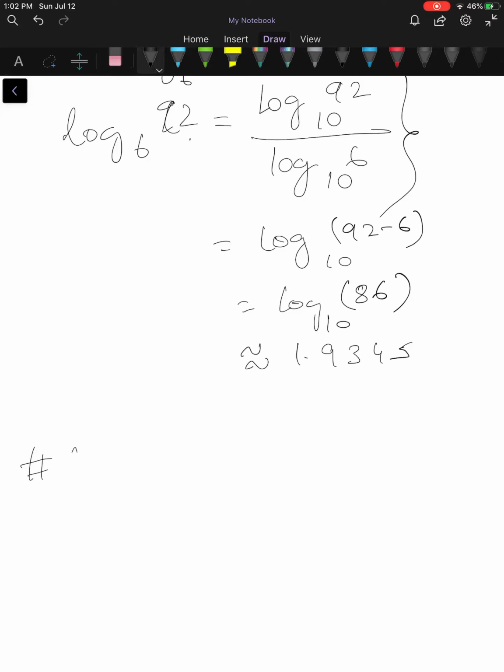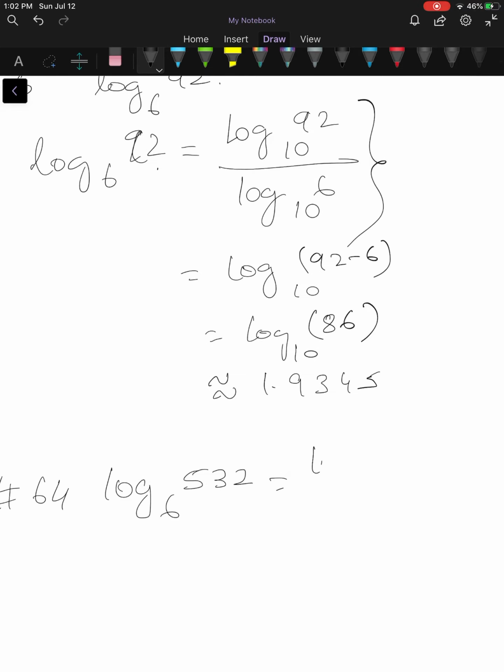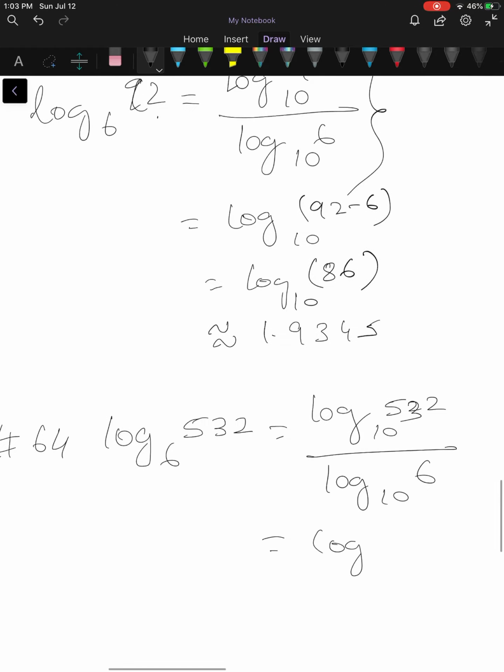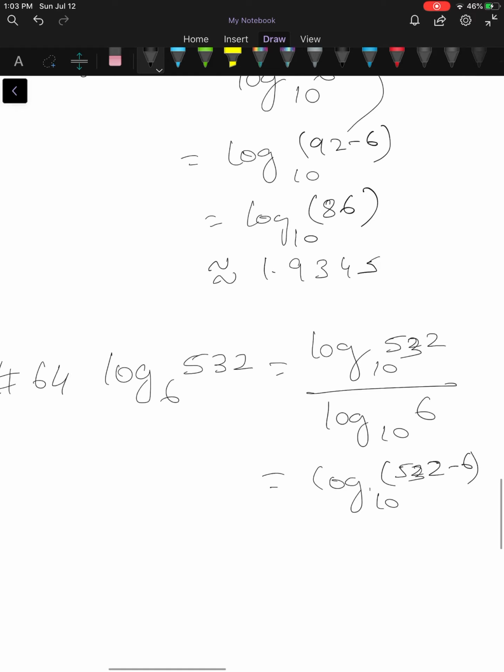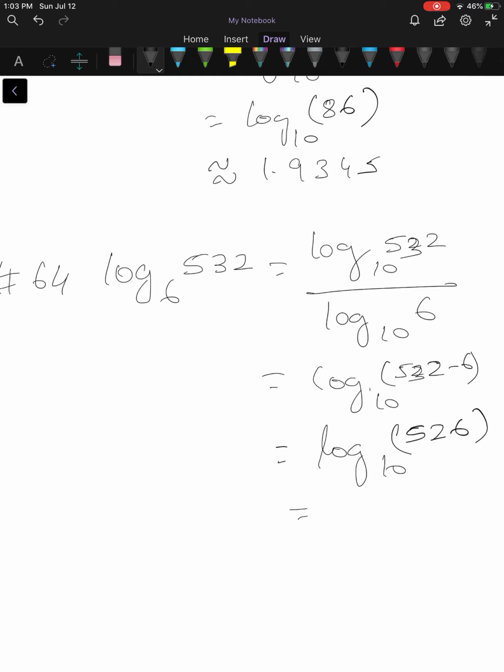Let me do another problem for you, say problem number 64, which says you have to evaluate log 532 to base 6 again. That would be log 532 to base 10 divided by log 6 to base 10. So this would be log of 532 minus 6 to base 10, that would be log of 526 to base 10.